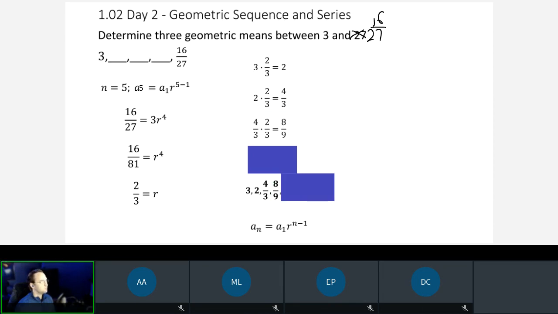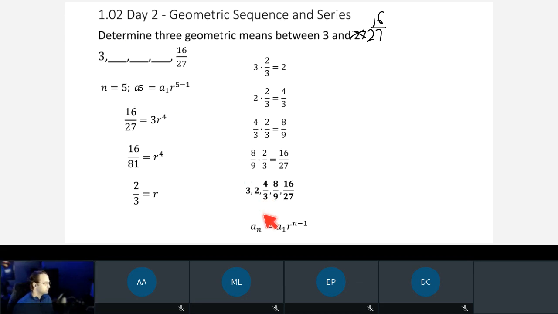And then just for completeness, I'm going to do 8/9 times 2/3 to make sure I get 16/27. And I do. And that's a good way to check. So at the very end, you should get that last number if we did it right. So the blanks would be 2, 4/3, and 8/9. These three right here. Pretty neat, right?